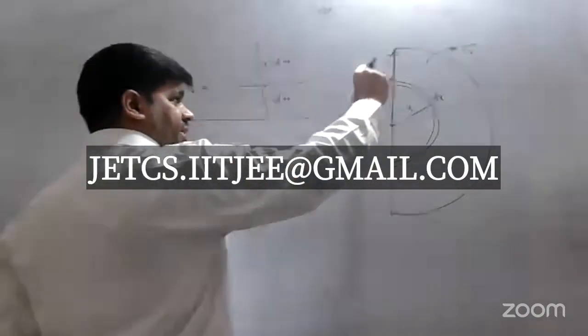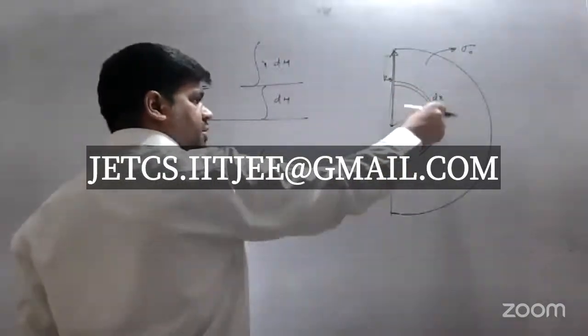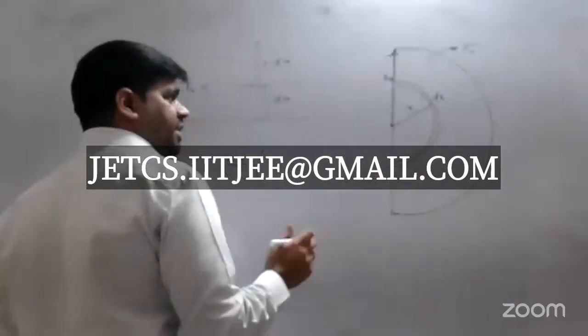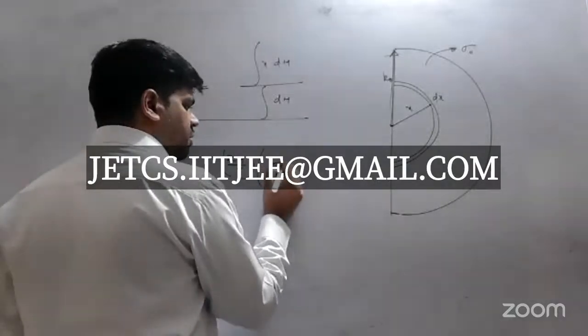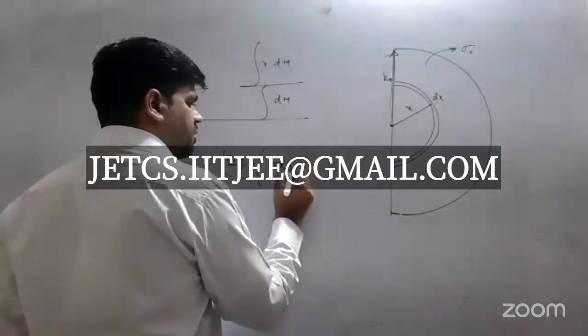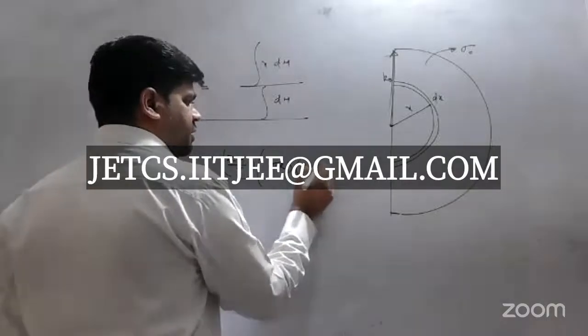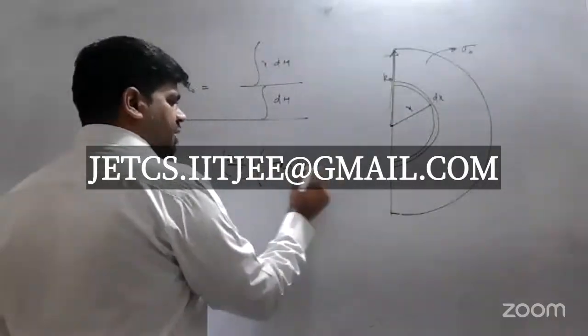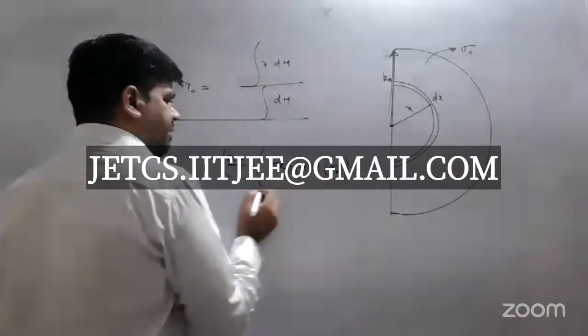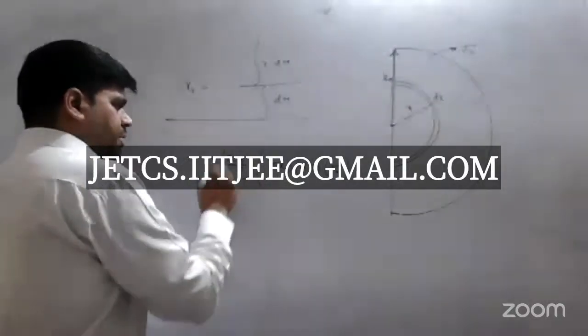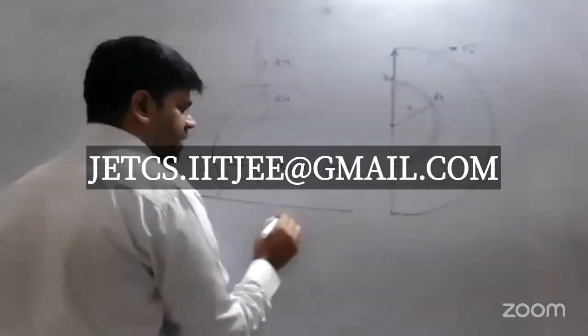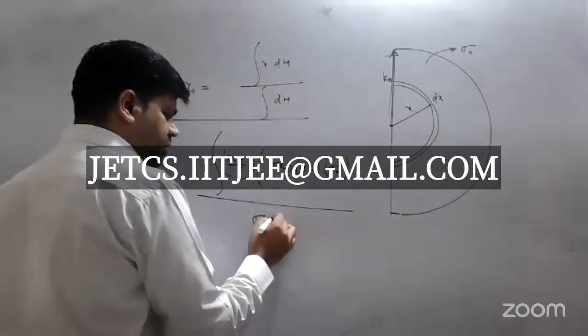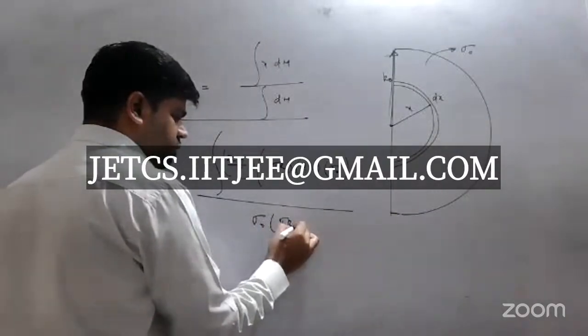What is the area of this thin ring of width dx? pi x into dx. That's the area, and mass would be into sigma. I got dm. Integral dm is the total mass, sigma into pi r square by 2.